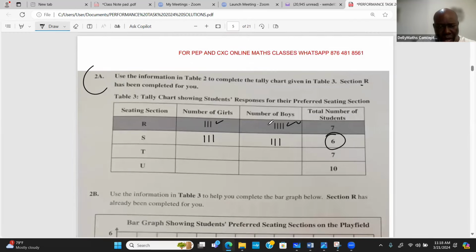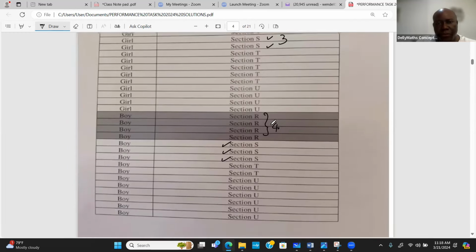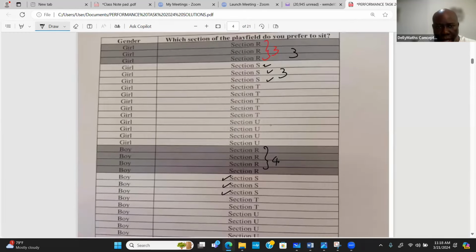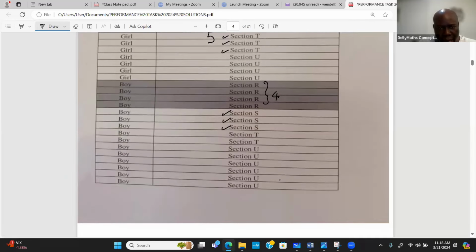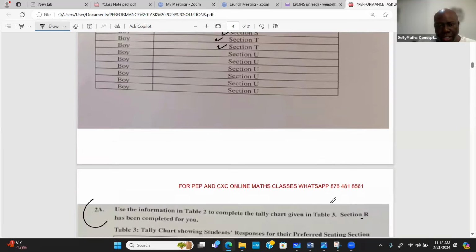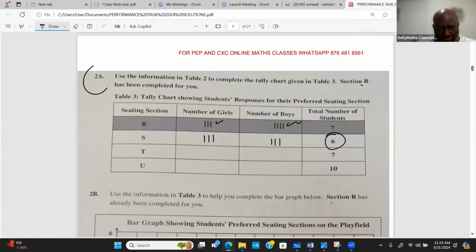Let's go for T. For T, we have 1, 2, 3, 4, 5 girls. And how many boys for T? 1, 2. So 5 girls, 2 boys, and a total of 7. So we're good right there.